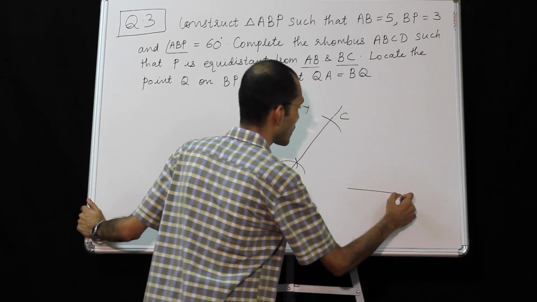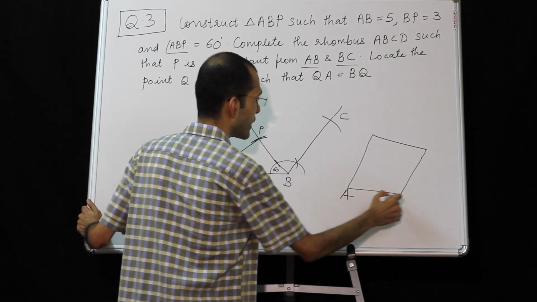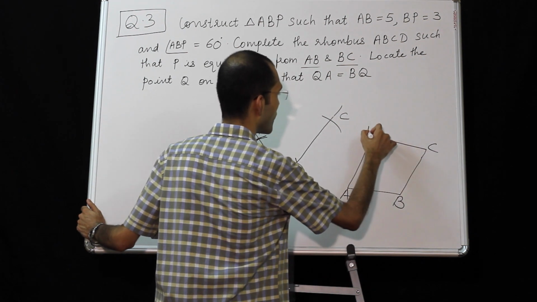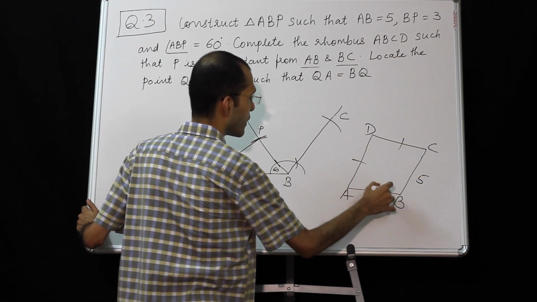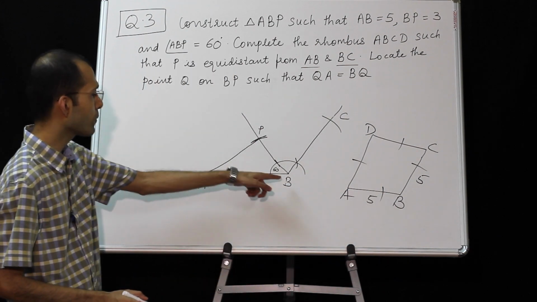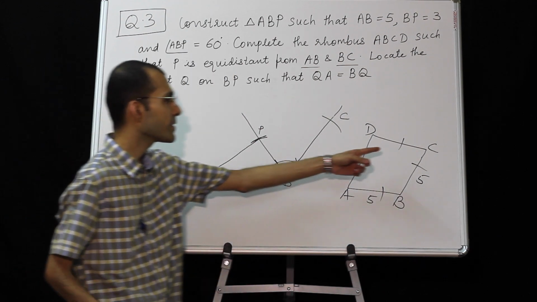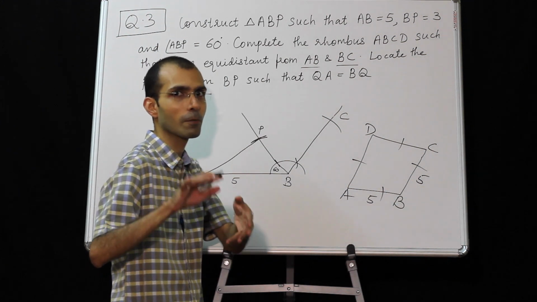So it looks like this. So this is, say, A, B, C, D. This is 5. This is also 5. In a rhombus all 4 sides are equal. So A is there, B is there, C is there, and what is ABCD? It is a rhombus.